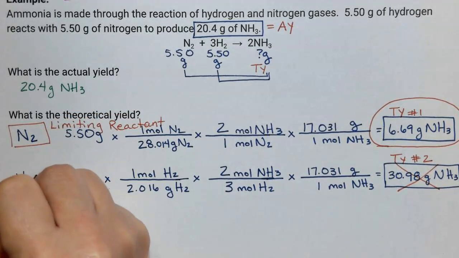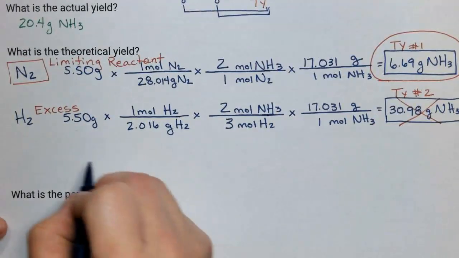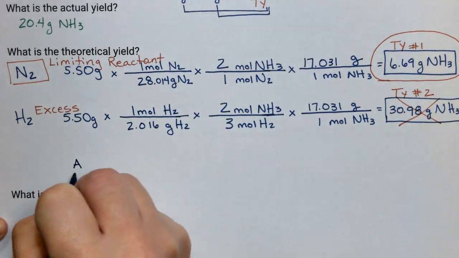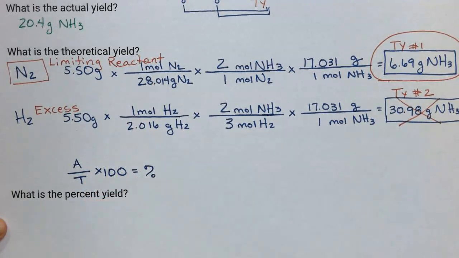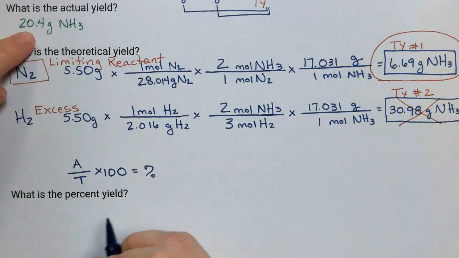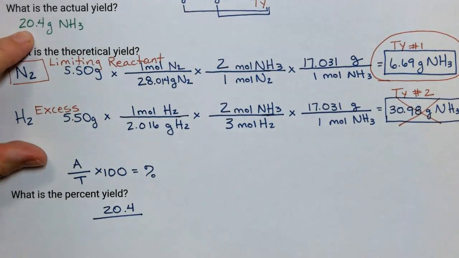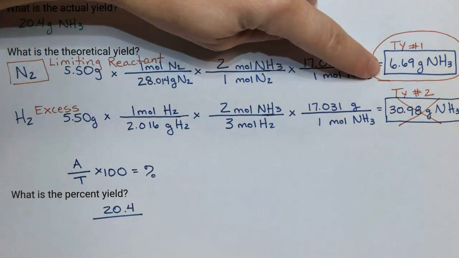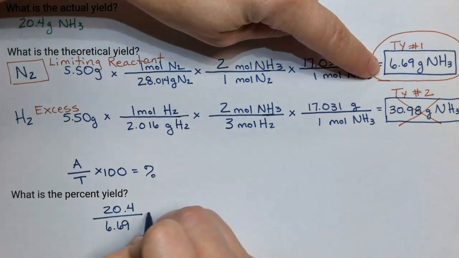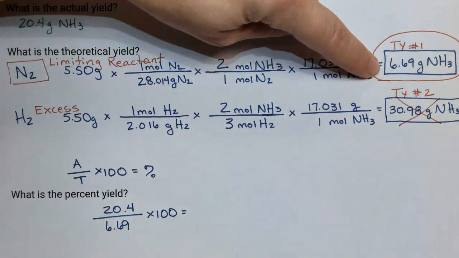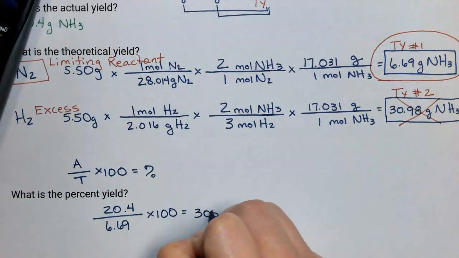That means that what we have is an excess of the hydrogen. In order to find the percent yield, remember percent yield is actual divided by theoretical times 100 equals a percent. So the actual yield was 20.4 divided by the theoretical yield was 6.69 times 100, and that will equal a very large number, 305%.